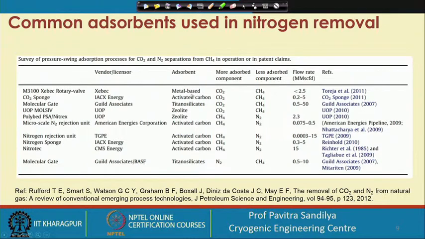For example, in this metal based adsorbent, carbon dioxide is adsorbed more than methane. Then in activated carbon also, carbon dioxide is preferentially adsorbed over methane. Then in this zeolite, Nitrex, methane is selectively adsorbed over nitrogen.